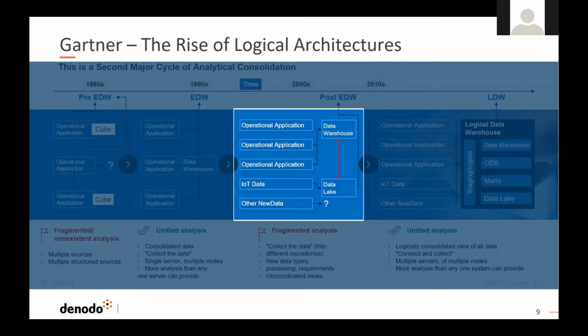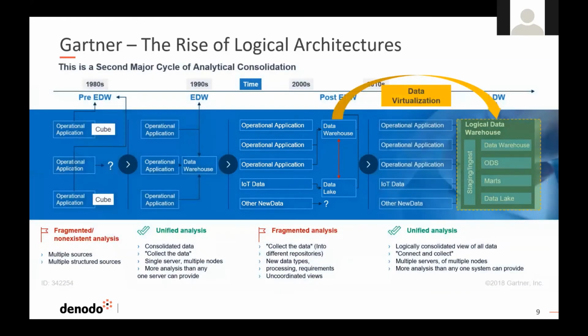I mean, how do we cope with just literally terabytes and petabytes of data? How do we cope with data that's external to the organization? There are these challenges that still persist with the data lake and the data warehouse pattern. And this is where Gartner introduces the data virtualization, whereby we start talking about logical data warehouses, logical data lakes, logical data stores.